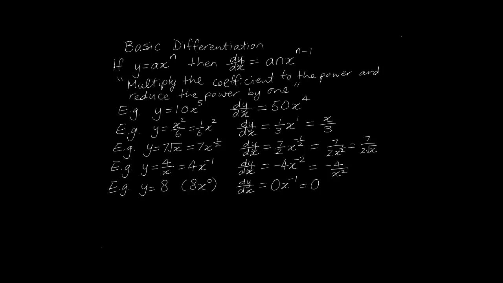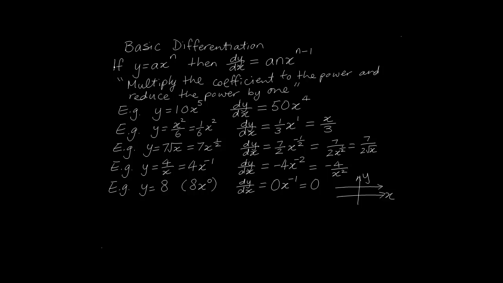That is in fact true of any function of the form y equals a constant, because graphically, a function y equals a constant is a horizontal line, which means that its gradient is 0. So it makes sense that the derivative dy/dx works out to be 0 whenever we've got a function like y equals a constant.